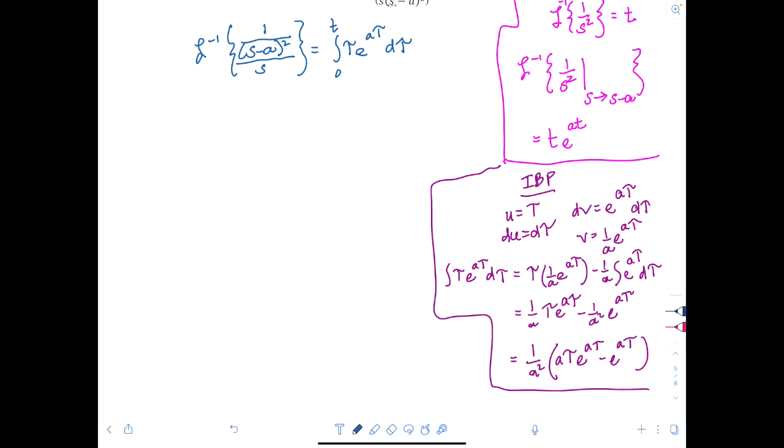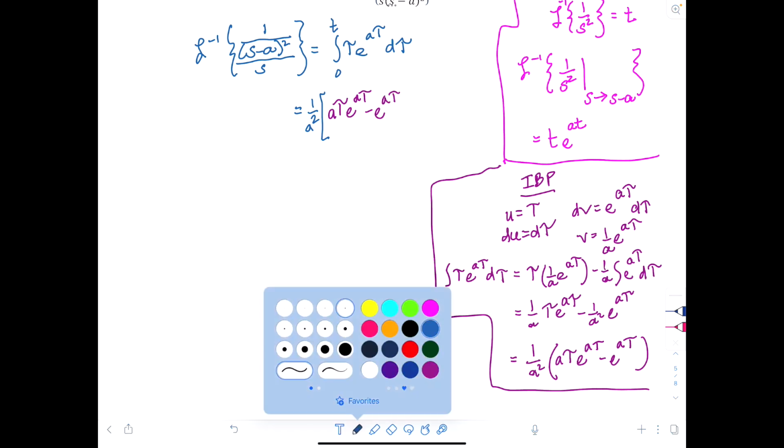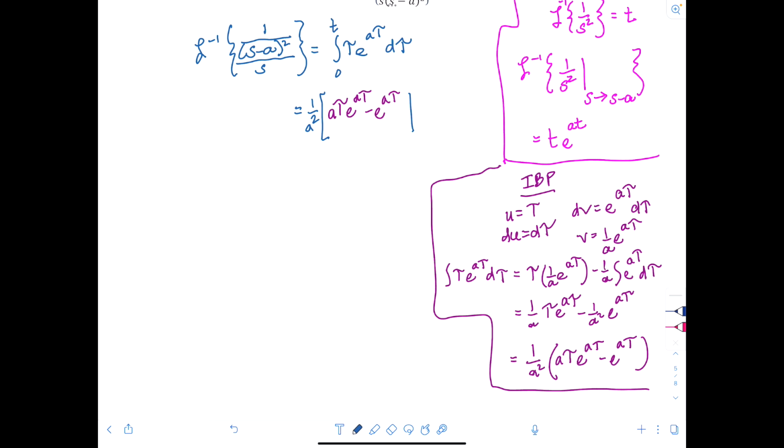So this will be equal to, we can actually take out the 1 over a squared and then put in our result that we got over here. A times tau times e to the a tau minus e to the a tau. That's going to be evaluated from tau is 0 to tau is t.